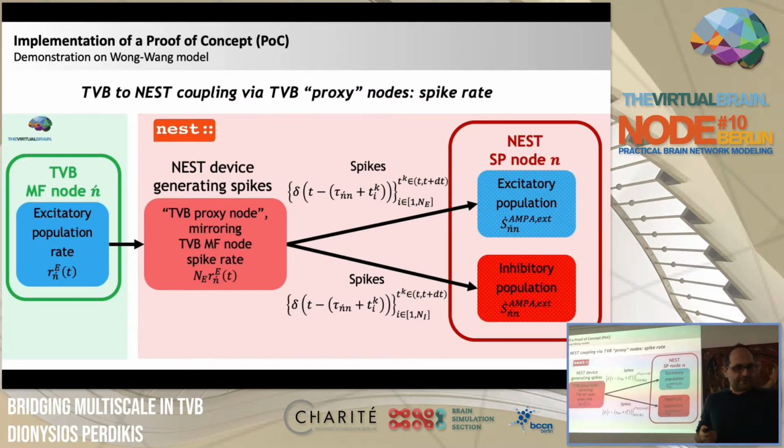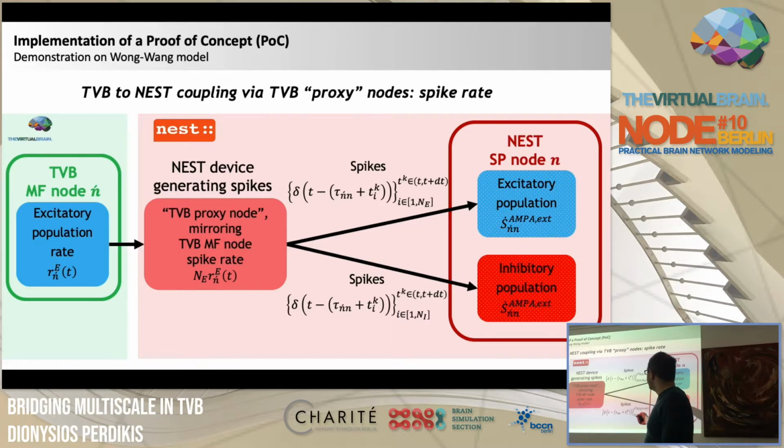I'm going to go through the same information now in a schematic form. So in the first case, we take the excitatory population rate of every TVB region to drive a device inside NEST that can generate spikes. And this device sends these spikes to excitatory and to inhibitory populations, depending on the lambda parameter of the feed-forward inhibition, okay?